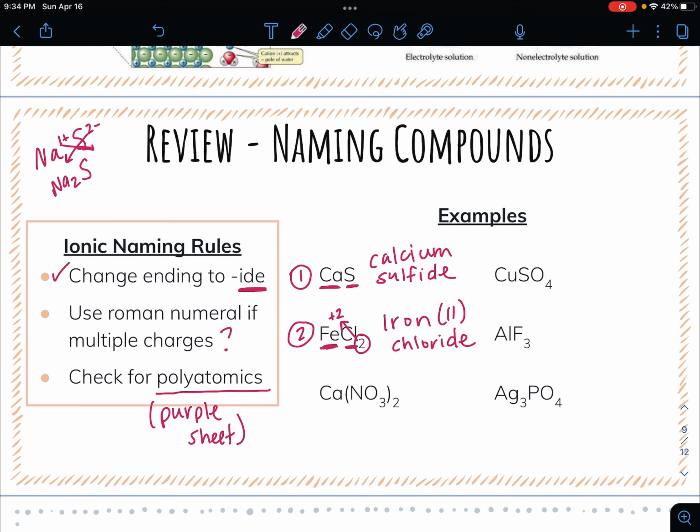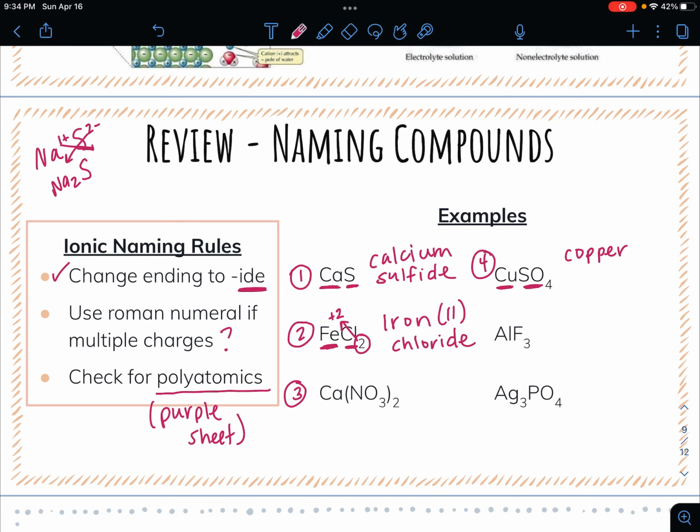Okay, let's look at one more. I'm going to skip number 3. I'll let you try that one in a second, but let's look at number 4. For number 4, we have Cu, which is copper, and then we have SO4.